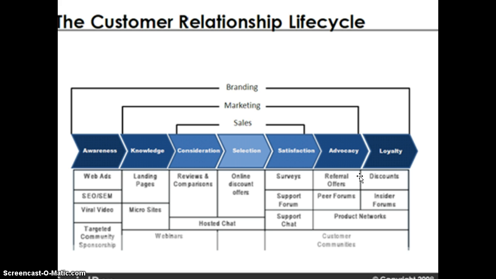Customer relationship life cycle. In terms of channels, we've named five phases. Here is a model with a little bit more: from awareness, knowledge, consideration, selection, buying the product, being satisfied with it or not, advocacy and loyalty. What you want in the end is people talking about your product or service in a positive way, and being loyal to your brand.